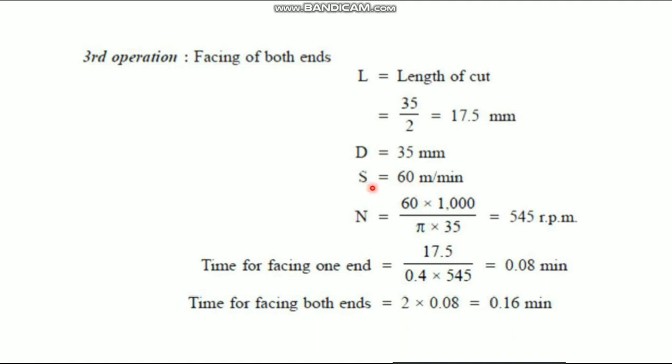S is common, so we can find out the N value. The time formula is the same, L by F N. L is equal to 17.5. You can calculate. So this is the time for facing at one side. This is for two sides.